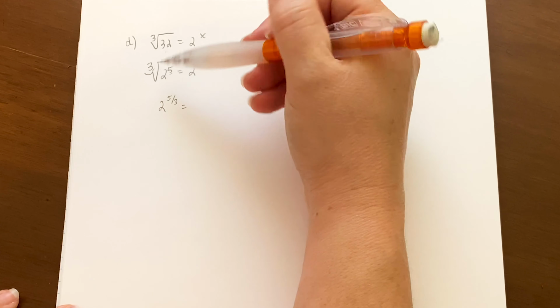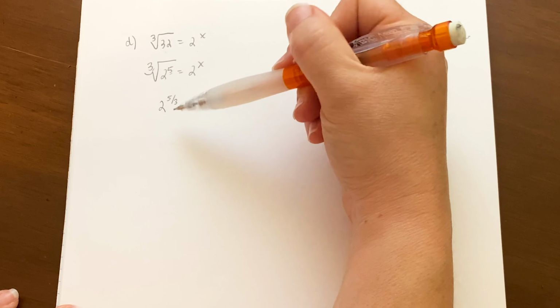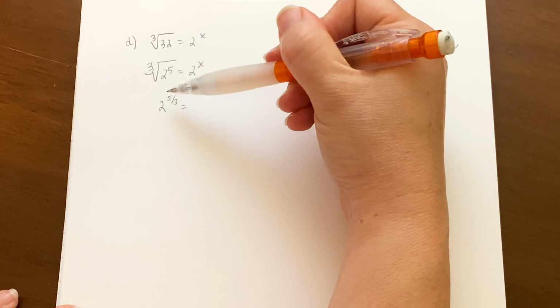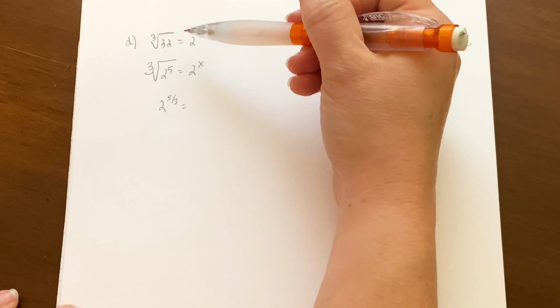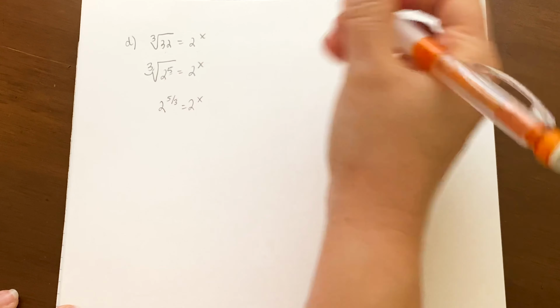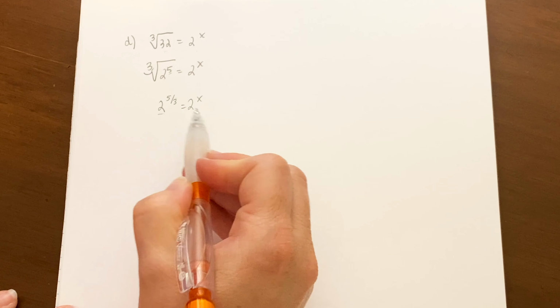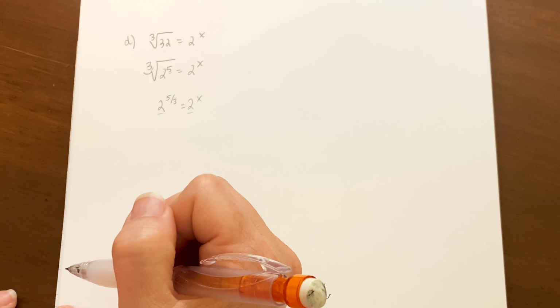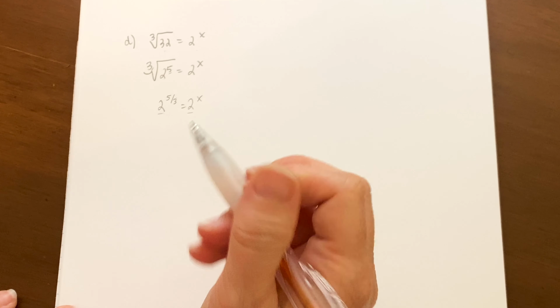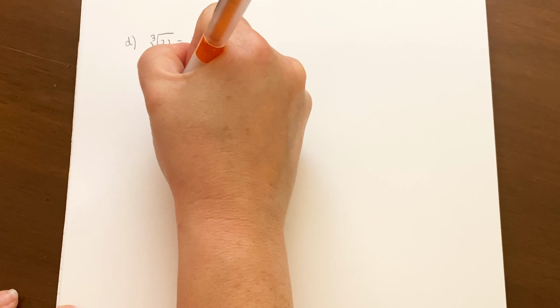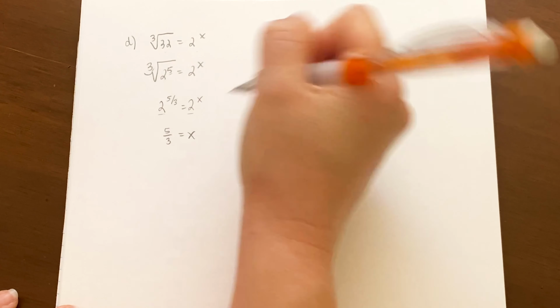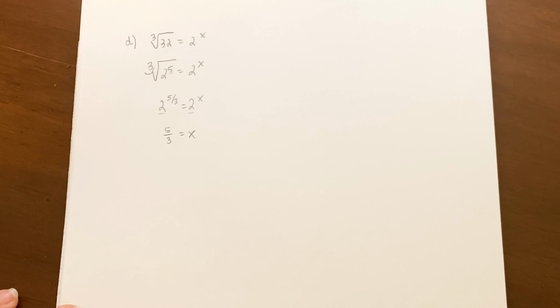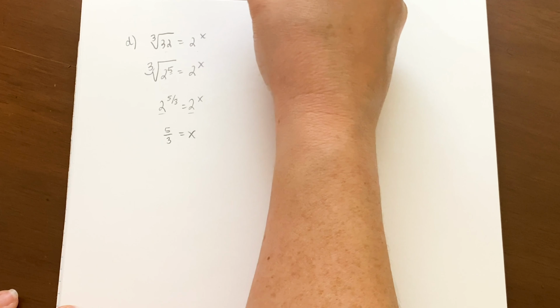So the cube root of 2 to the 5th is equivalent to 2 to the 5/3 power. And then over here we have 2 to the x. All right, we've completed step 1. We have like bases on both sides. So now we're going to bring down the exponents and set them equal. 5/3 has to equal x. And that's our answer.